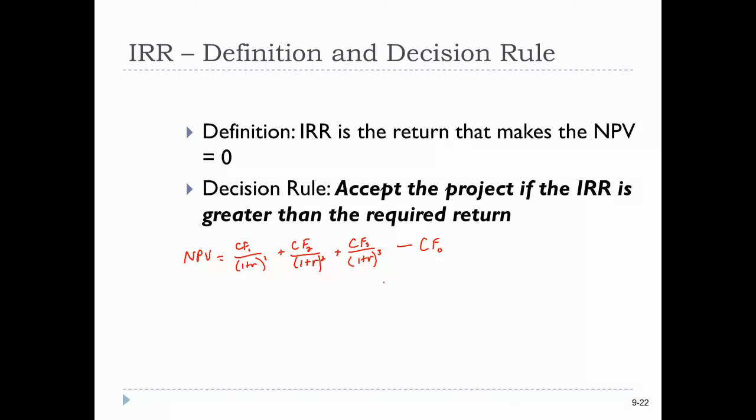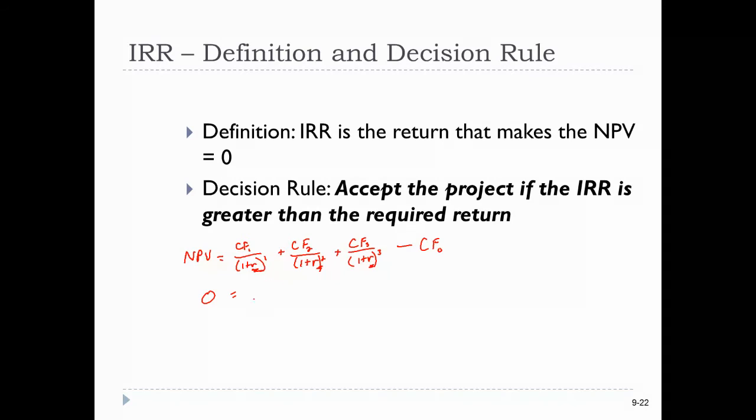What's happening in internal rate of return is that we're trying to find the rate of return that makes the net present value exactly equal to zero, setting the left-hand side to zero and finding the value for R that makes that expression true.